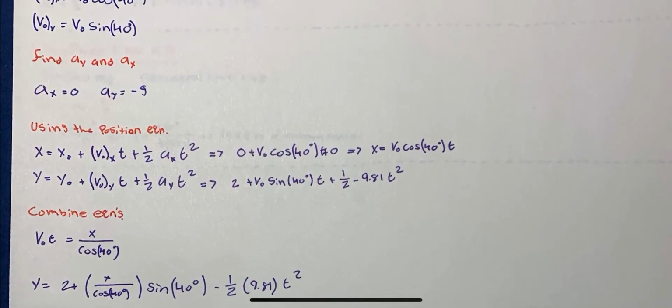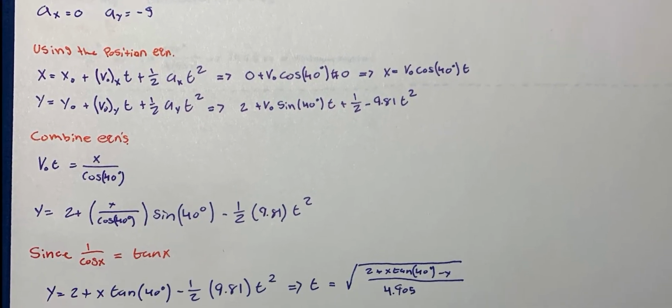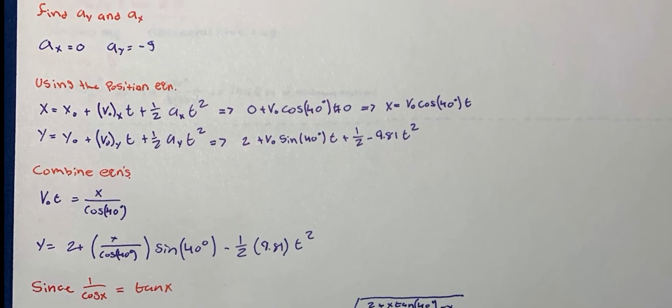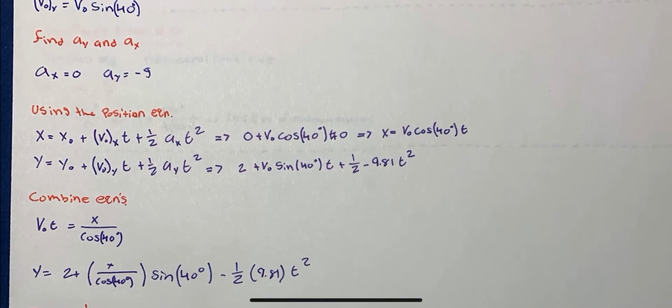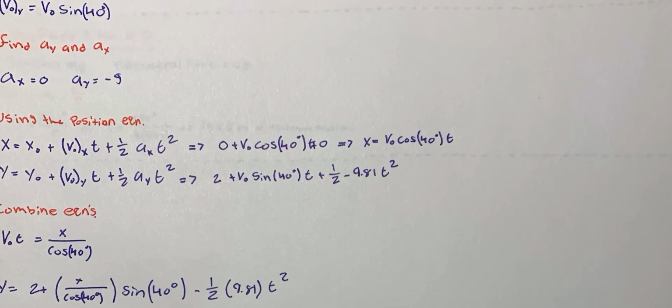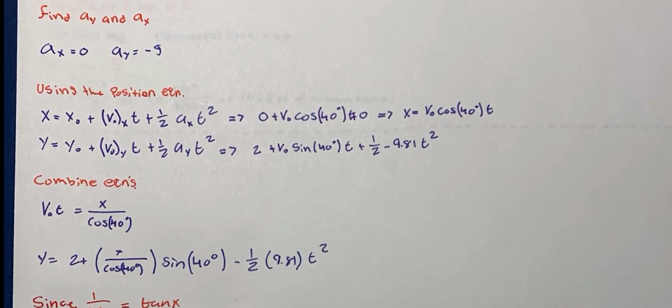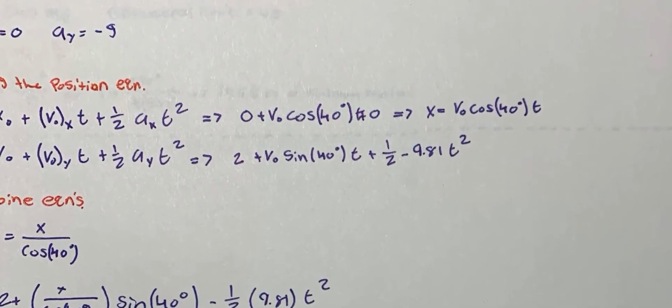And the acceleration in the x direction is obviously 0, and the acceleration in the y is obviously negative g. Using the standard position equation and plugging in the numbers, we have the equation x is equal to V0 cosine 40 degrees t. And then for y, we have y is equal to this equation here.